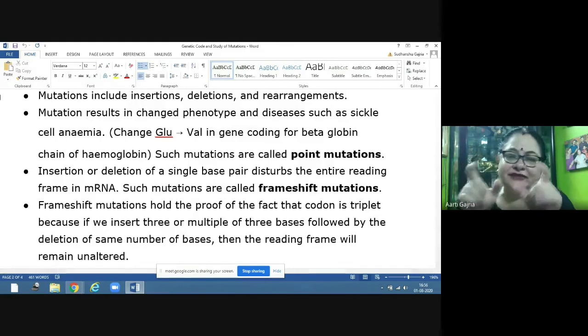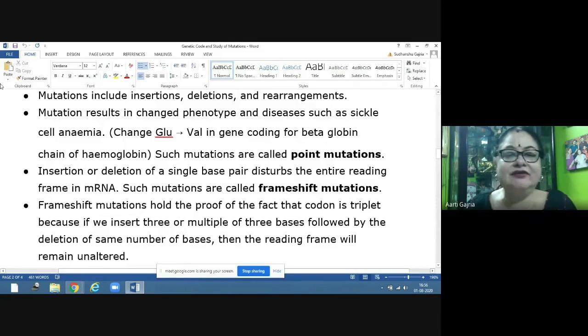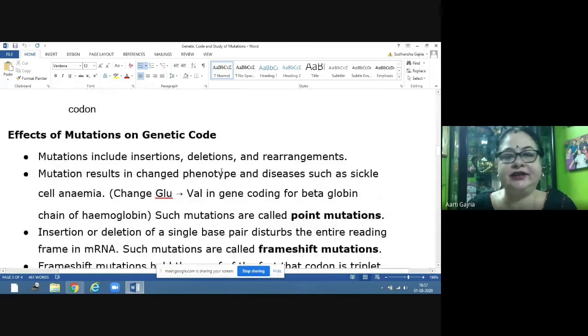If we have added three by three together, and if we have deleted three by three together, then the reading frame will remain unaltered, because there will be no change in the reading frame. So this again proves that the codon is a triplet. The properties of the genetic code.